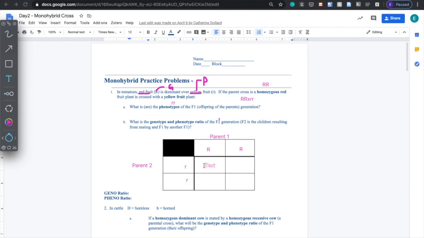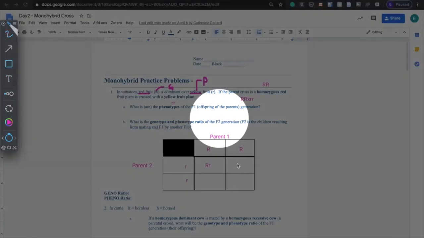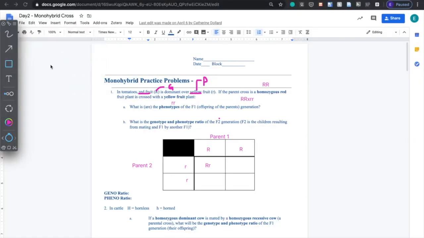And then we cross that, so it's heterozygous. Oh, that was an error. So it's going to be heterozygous again, and heterozygous again, right? So we look at all of our individuals, and they are all heterozygous.